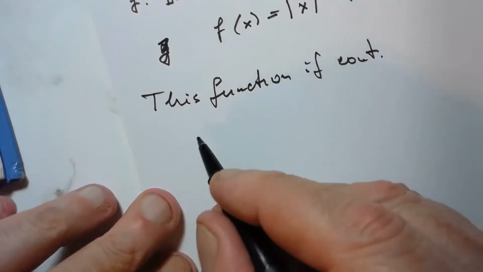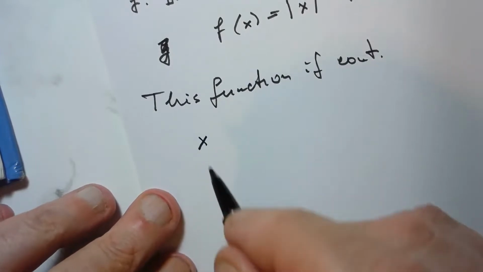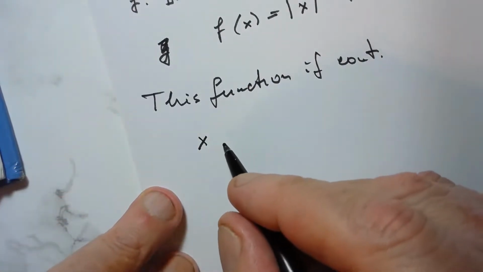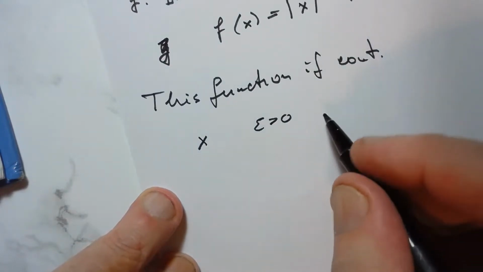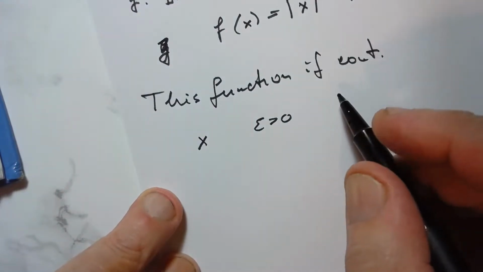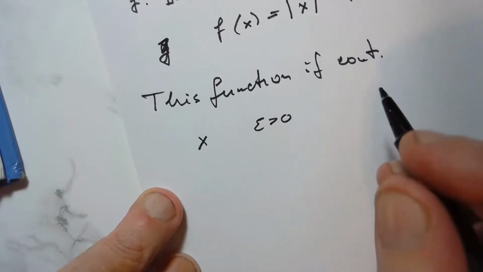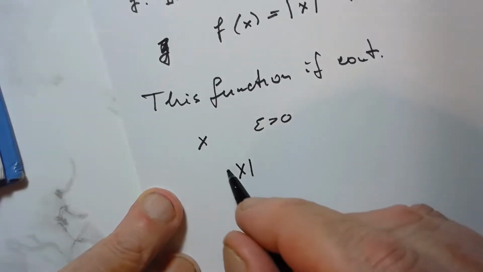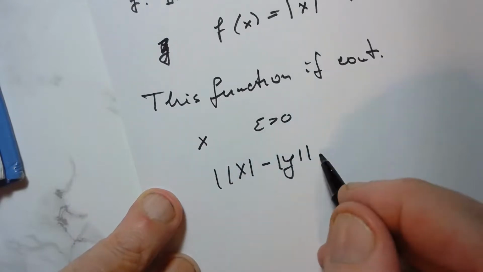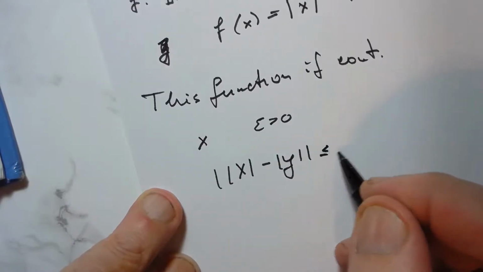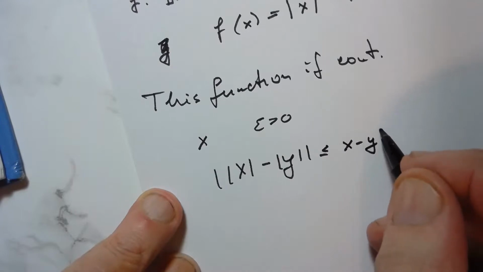I have to pick an arbitrary point x, okay? And I'm going to pick an arbitrary epsilon greater than 0. What is true is this version of the triangle inequality, that this quantity is less than or equal to the norm of x minus y.